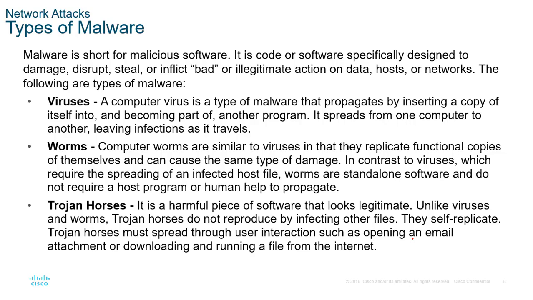Finally, Trojan horses. It is a harmful piece of software that looks legitimate. Unlike viruses and worms, Trojan horses do not reproduce by infecting other files. They self-replicate. Trojan horses must spread through user interactions, such as opening an email attachment or downloading and running a file from the internet.